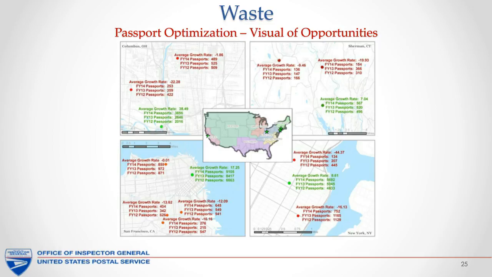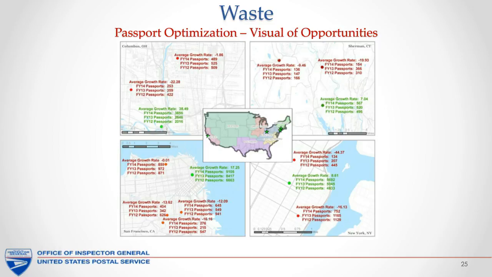So this is a great opportunity for audit to then go visit these locations and say, why is this? Is it wait time in line? Is it customer service? And kind of start to understand the root of the problem. And then maybe whatever they find in their audit could then be applied to other locations.